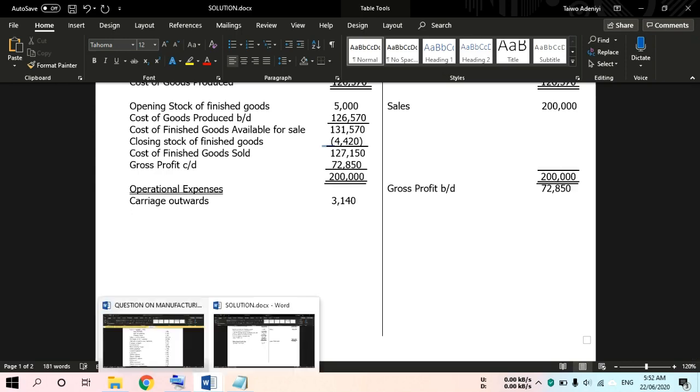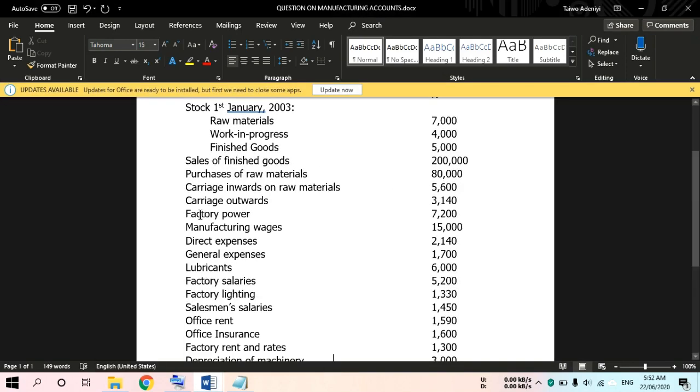Next is to look for, okay, no, we have used this carriage and factory power, direct manufacturing wages, direct expenses. The next one is general expenses, so that is 1,700 naira.